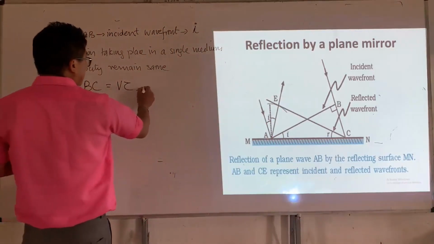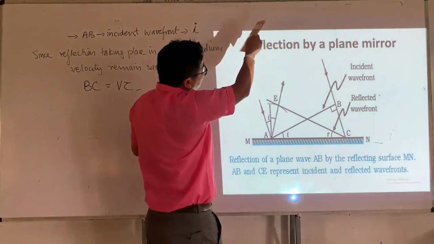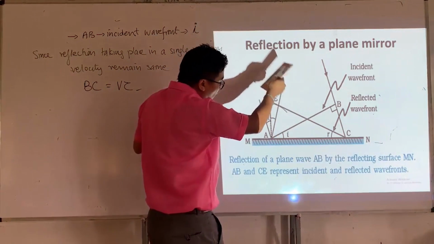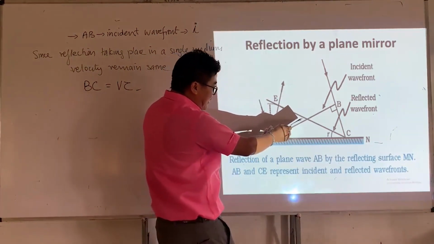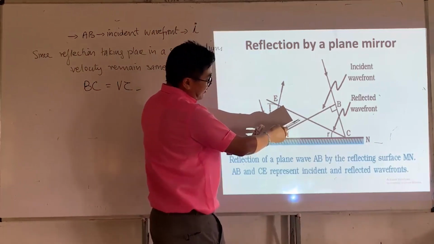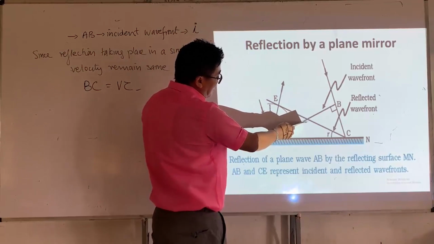This is the distance. Now look here, this is how the wave travels. The first portion of the wave is incident on the mirror, and once it is incident, it starts undergoing reflection.